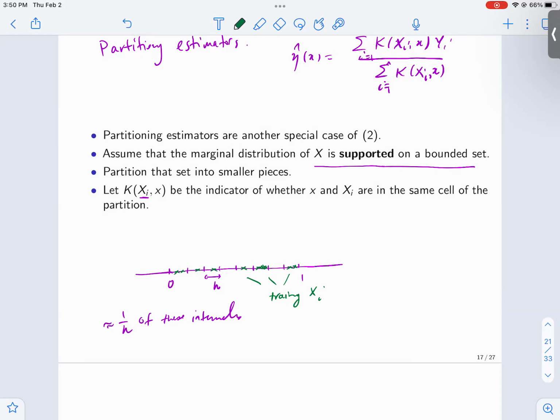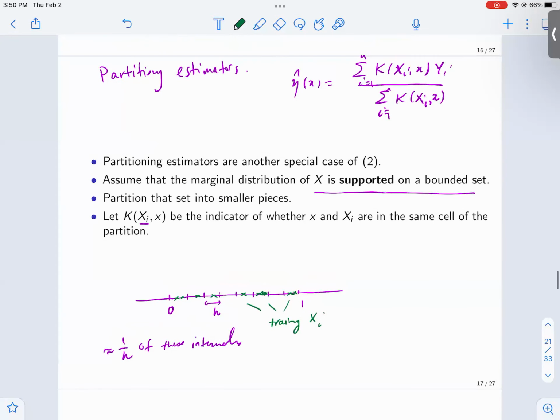But I can also use this to construct a kernel. The kernel is equal to the indicator that x_i is in A(x). Given an x, A(x) is just the interval in which the x lies.